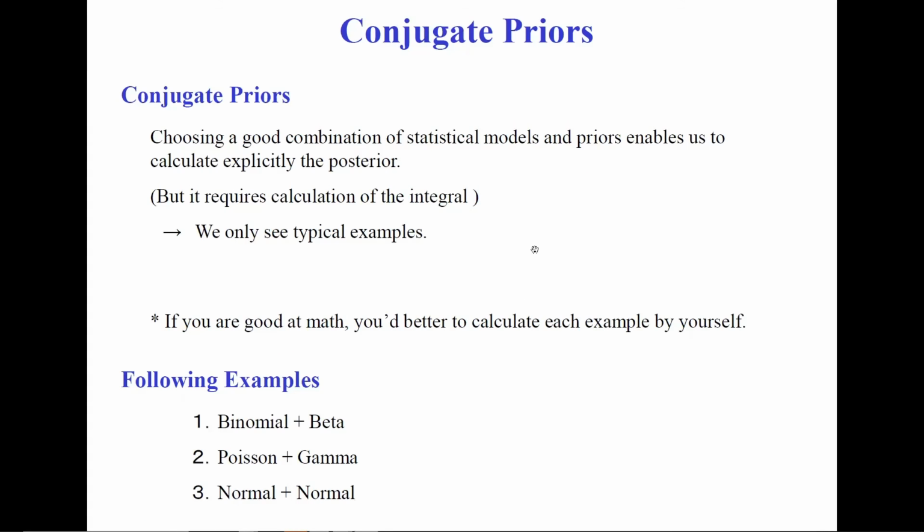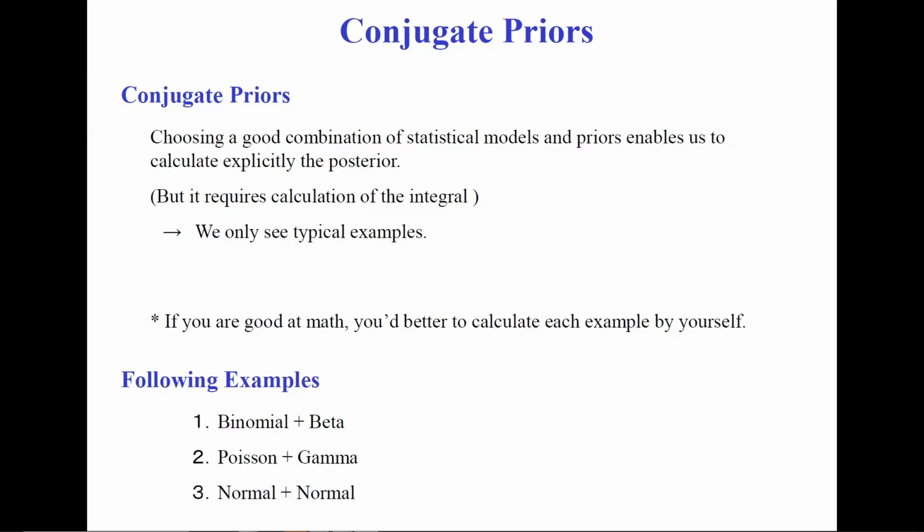Okay, now let's introduce conjugate prior. Choosing a good combination of statistical models and priors enables us to calculate explicitly the posterior distribution, even if it requires some calculation of integration. And this kind of prior is called conjugate prior.